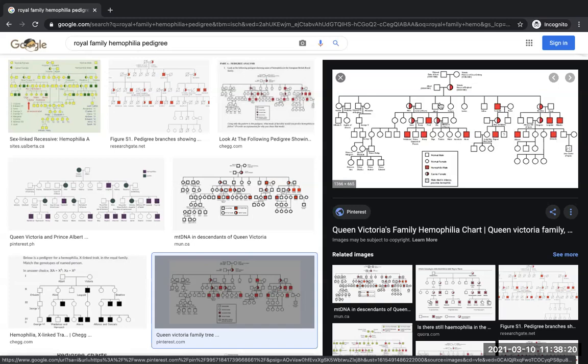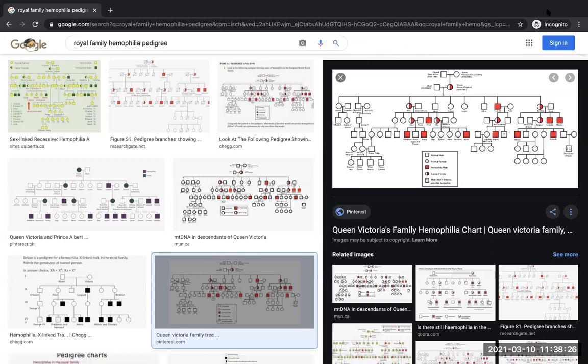Here the red is showing you affected individuals with hemophilia. Have you guys heard about hemophilia? Do you know what hemophilia is? It's a blood disorder. A normal person, when they get a cut, has clotting proteins that come in, they clot, and then the bleeding stops. A person who has the hemophilia disorder basically can't stop bleeding. Their body doesn't make those clotting proteins.